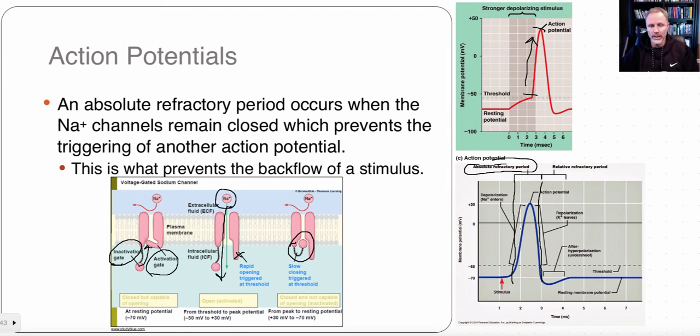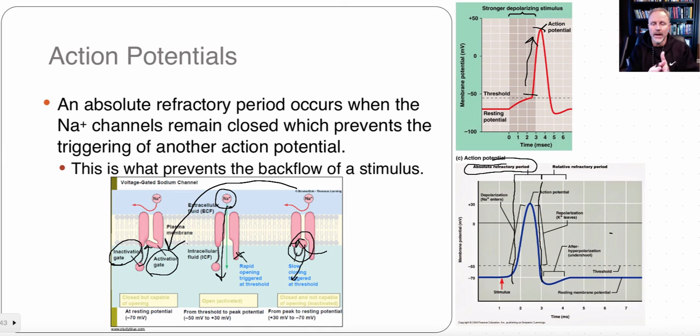And then slowly, and I say slowly tongue-in-cheek since it's just a few milliseconds, this inactivation gate starts to let go. Then this activation gate is going to close to restore us to this point right over here, and now we can get another stimulus to occur.